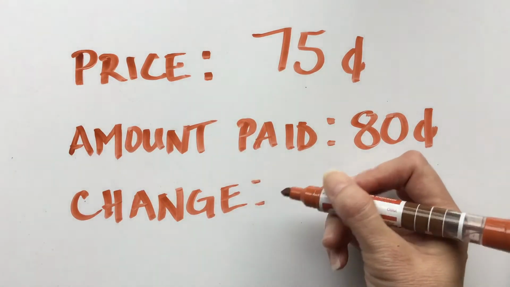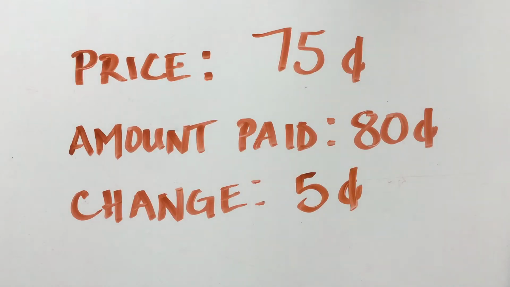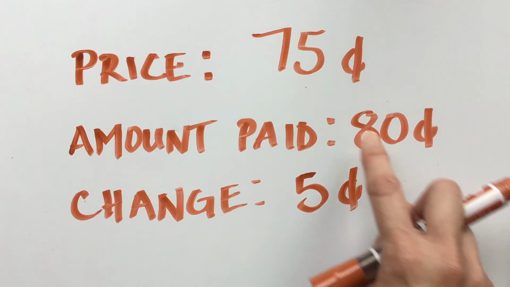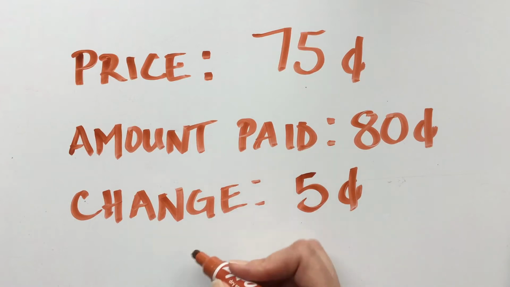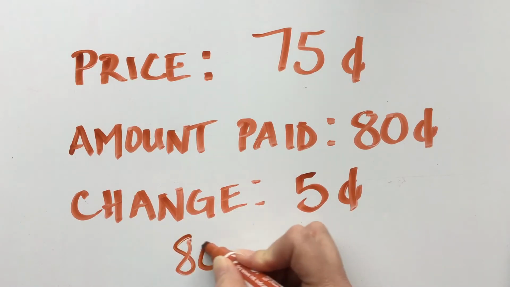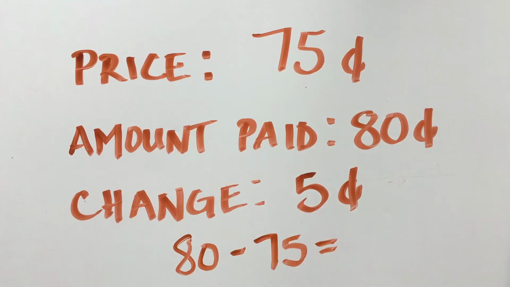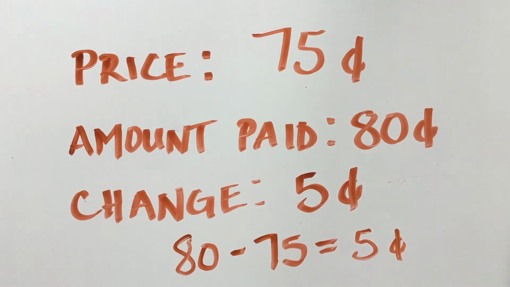Okay, so the change is 5 cents. I counted on in my head. Okay, but there's another thing that you can do. You can also think of it in terms of subtraction. 80 cents minus 75 cents. What is 80 minus 75? And I'll even write it down here so you can see it, but this would be done in your head when you're calculating your change at a store. What is 80 minus 75? Well, it's 5 cents, and there's your change.